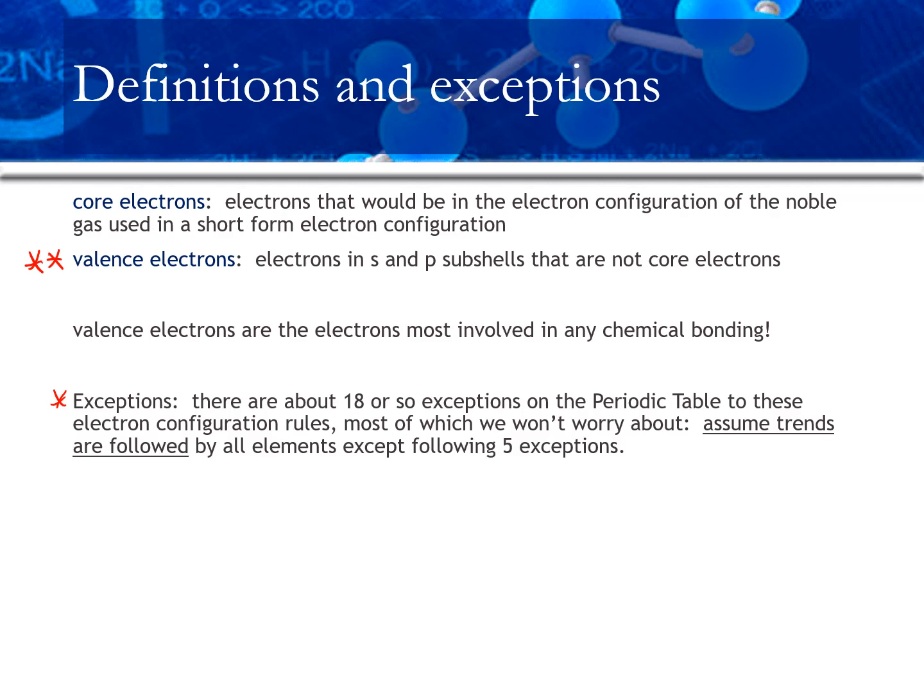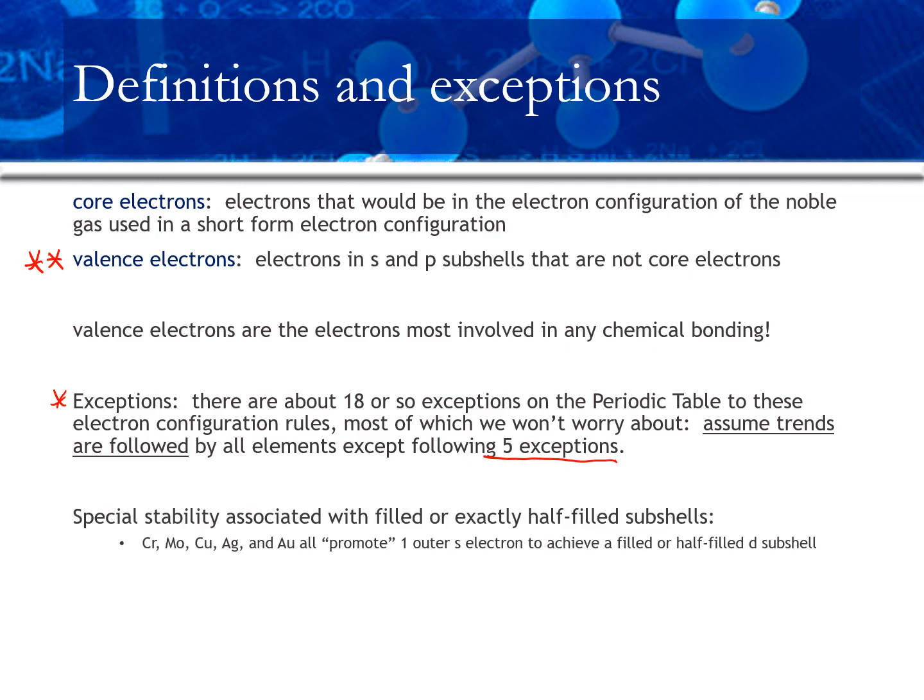There's about 18 or so, and the point here is not to memorize electron configurations, but rather to understand the general trend that predicts electron configurations. As long as you can use the trend in the way that we've described, you're going to be in good shape in terms of answering homework or test problems. I am going to ask you to know the following 5 exceptions. There's not very many, and I'll give you a little way of remembering them.